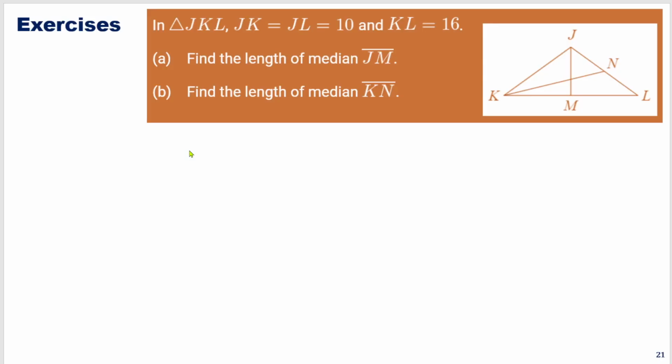Okay, if you finish, let's have a look at this exercise. So in a triangle JKL, JK equals JL equals 10 and KL equals 16.